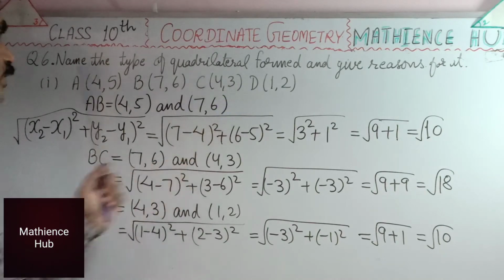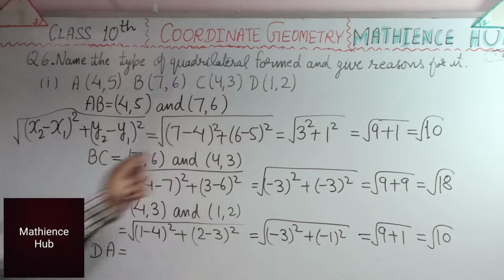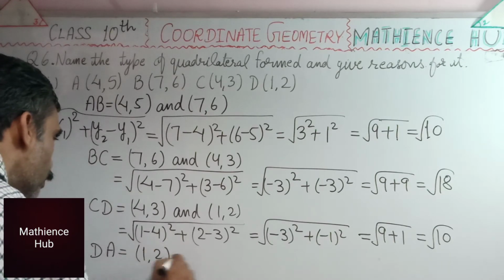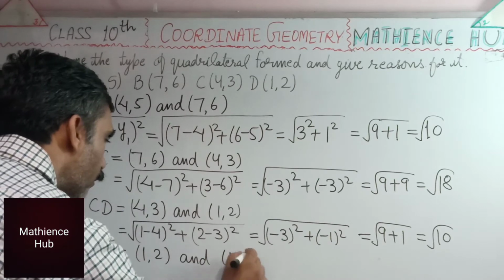Last side is DA. The coordinates of DA are (1, 2) and (4, 5).